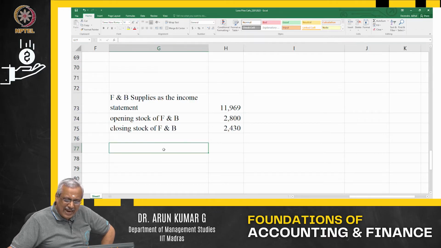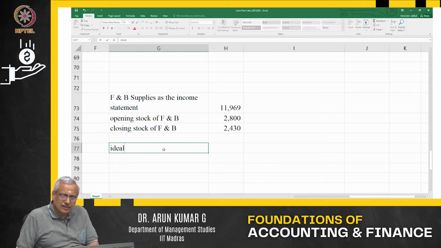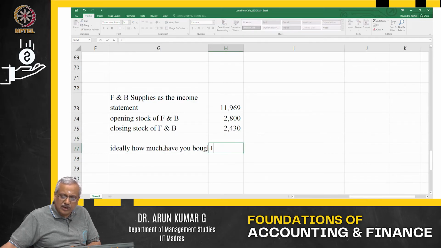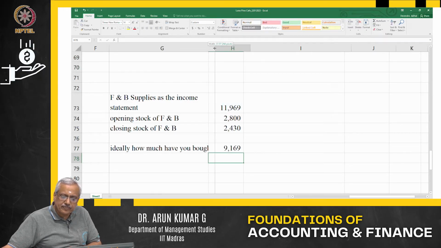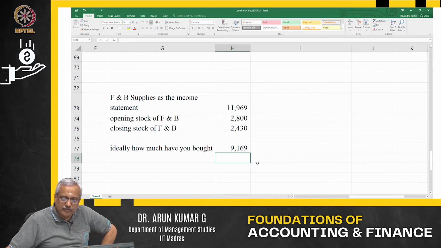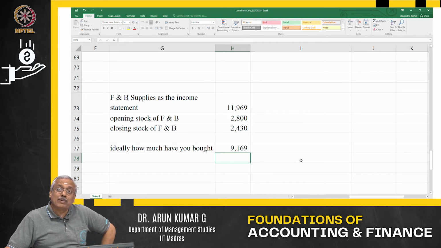So that means ideally, how much have you bought out of the stock that you have utilized? Out of this, these are the opening stock. So how much you have bought for what you have utilized, this is the amount of stock that you have ideally purchased.